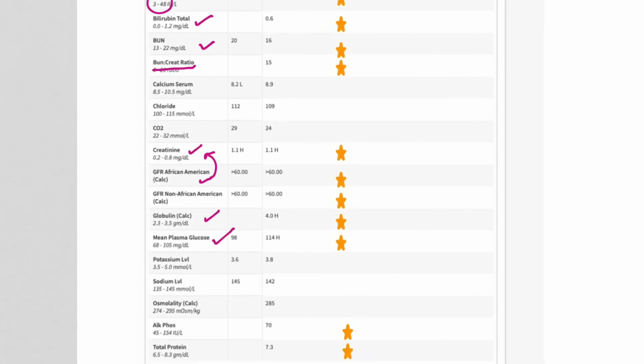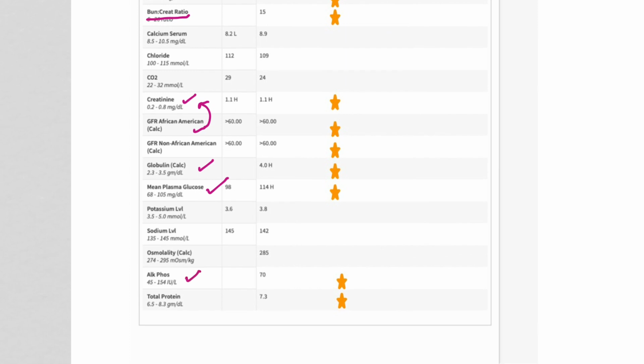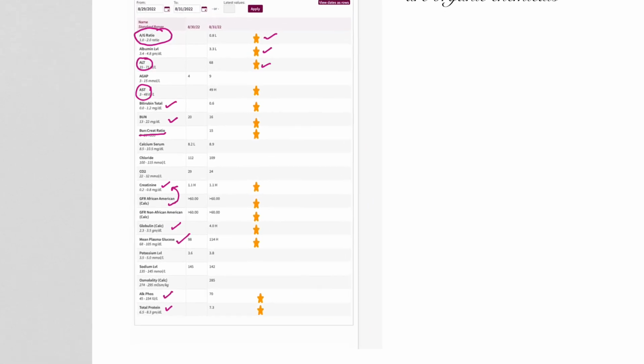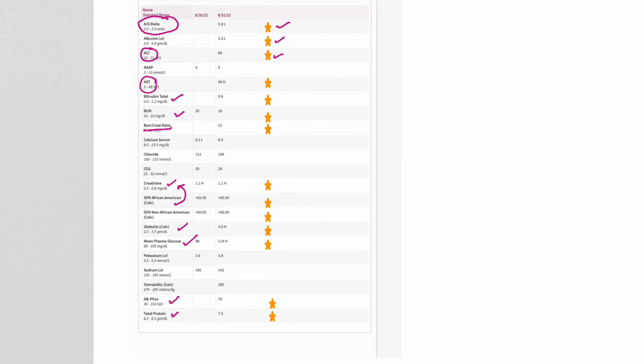Glucose is organic. Alkaline phosphatase is an enzyme, a protein, therefore organic. And total proteins are also organic molecules. So you can see most of the chemicals that are clinically relevant are organic chemicals.